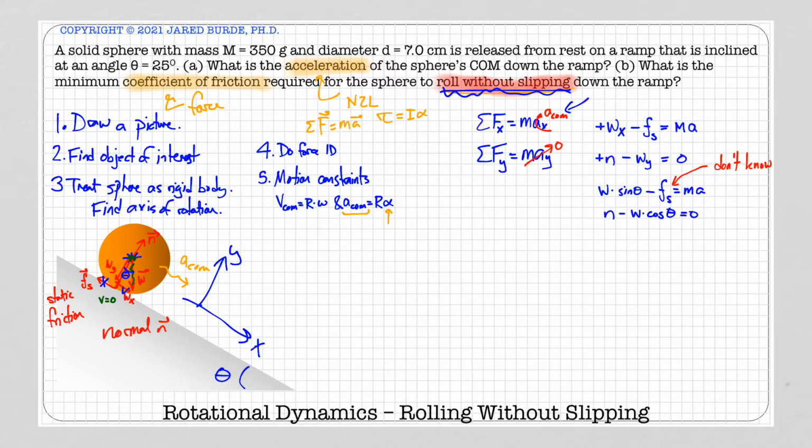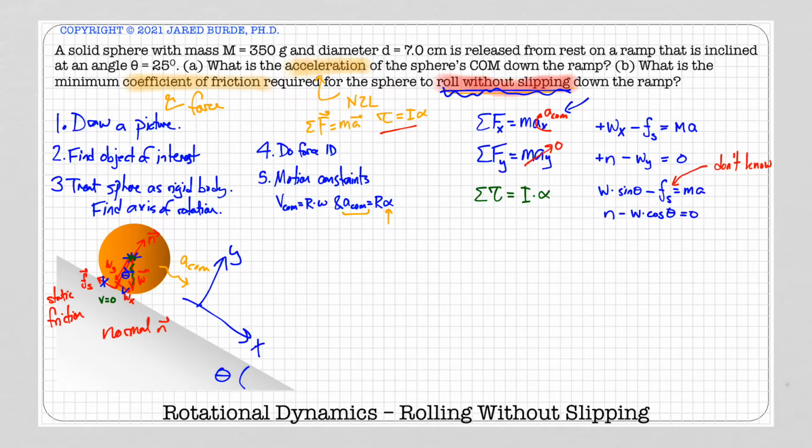It'll be whatever it needs to be so that the block rolls without slipping. And so what we're going to do is look at rotational motion and compare that. And we'll see that we'll be able to eliminate our force of friction there.